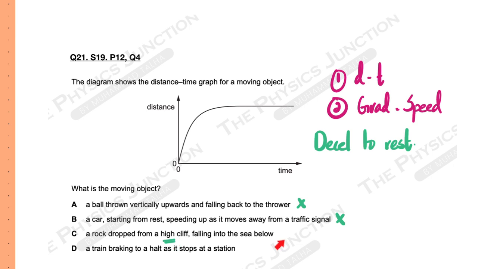And this might be the most tempting option here. But again, you remember that this is a distance time, not a speed time graph. If this graph was a speed time graph, this option would have been fine. But this is not a speed time graph, because here the speed becomes constant, however here the speed becomes 0. And now if you look at D, then that makes sense, a train braking to a halt as it stops.